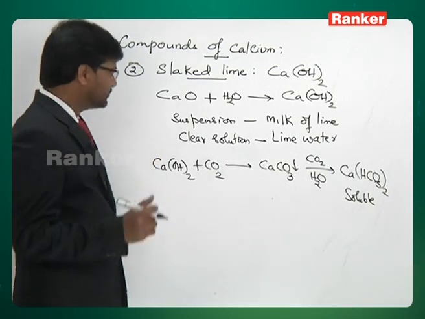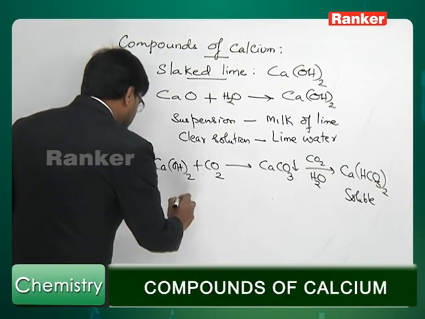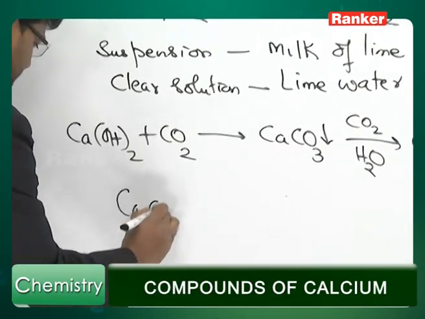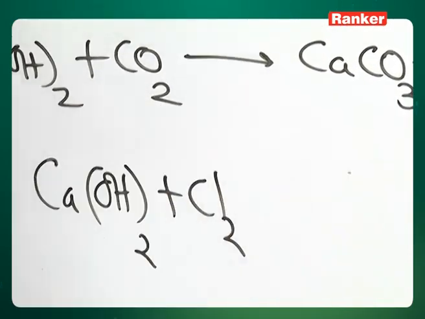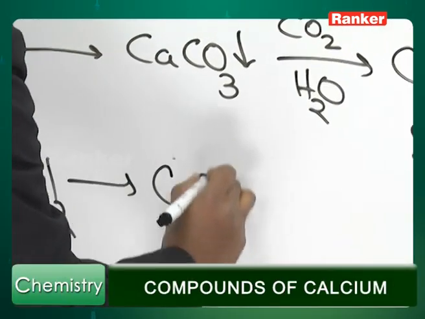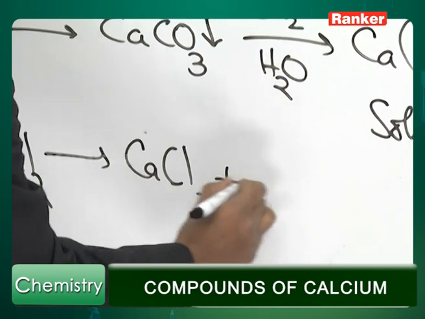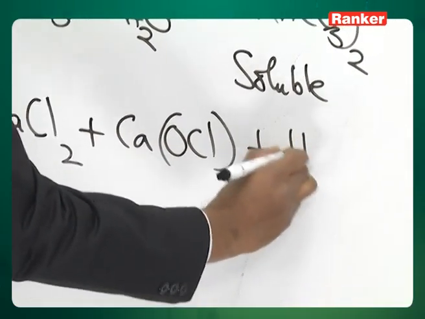Now, a few reactions of calcium hydroxide. When it reacts with chlorine, chlorine undergoes disproportionation, and you get a mixture of calcium chloride plus Ca(OCl)2, and of course water.